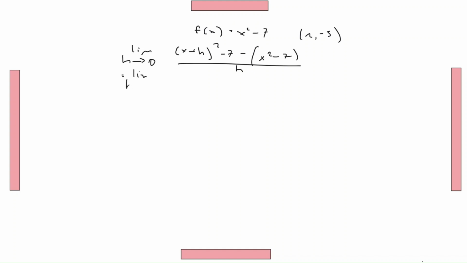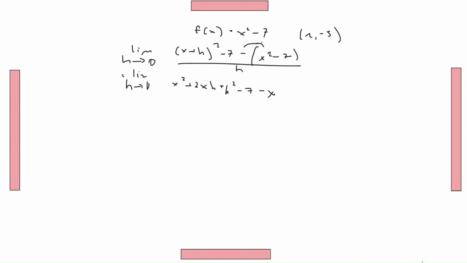Okay, so what do we do now? Well, let's try to simplify some things and see if it can work its way out. Because usually they'll work themselves out. So if we FOILed x plus h multiplied by x plus h, we always get the same thing. So we'll get x squared plus 2xh plus h squared, and it's going to be minus 7, and then it's going to be minus x squared.